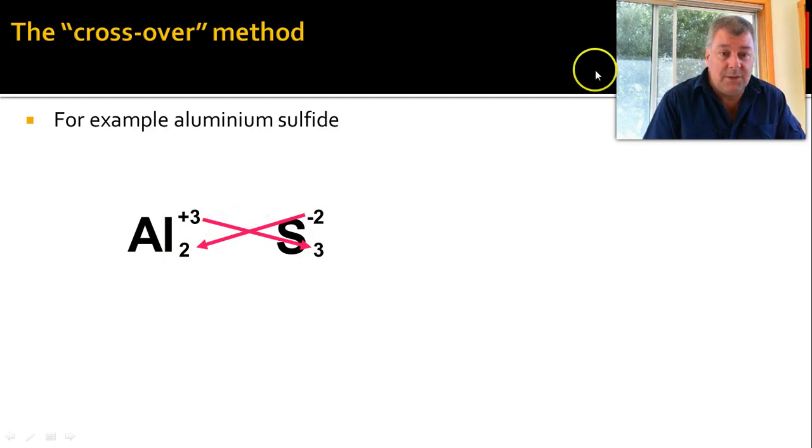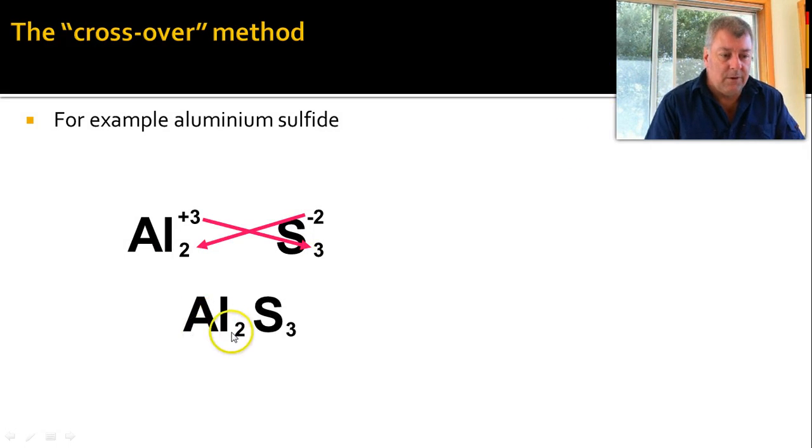And so these numbers here, which we've now used, become our multipliers for the atoms. So we need 2 aluminiums and we need 3 sulfurs. Once we've worked out what our multipliers of each of the atoms are, we don't need to show the charge anymore, and so that will disappear.